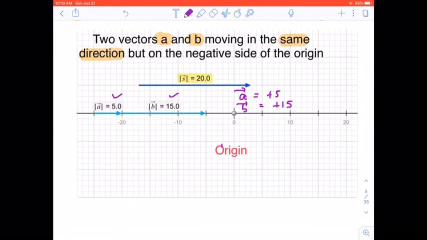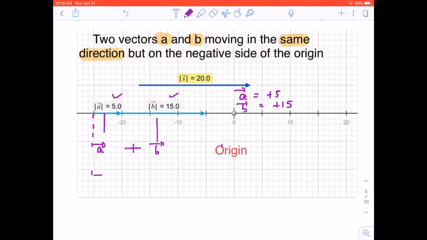Now let's look at A plus B added. Here we have vector A, and there is vector B. We're adding the two, and what do we get?